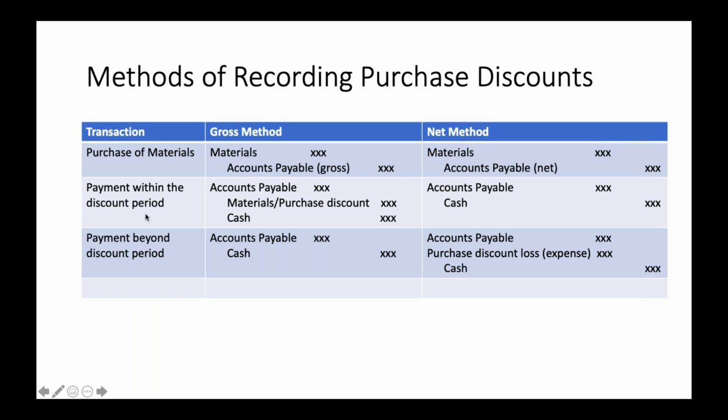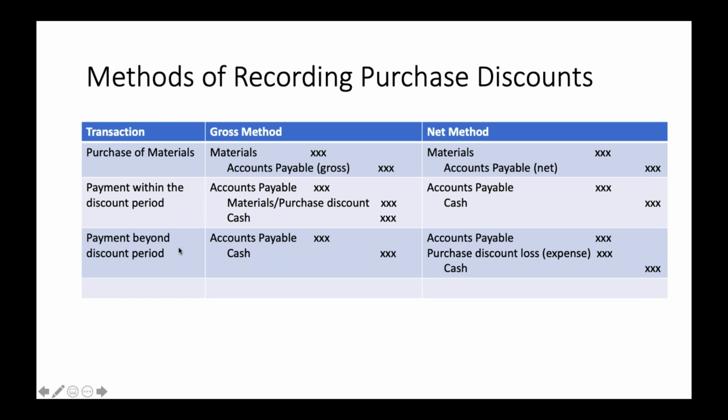Upon payment, if it is within the discount period, under net method, since netted agad siya, you don't have any problem at all kasi yung accounts payable na i-debit mo is the same amount since tinanggal mo na yung discount mo. Unlike in gross method, you will recognize purchase discount or if you're using perpetual inventory system, credit to materials.